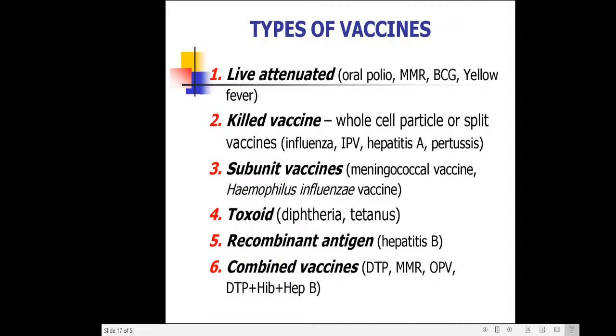This is helpful for influenza, IPV, papillomavirus, hepatitis A, and pertussis. Subunit vaccines are the meningococcal vaccine and Haemophilus influenzae vaccine. Toxoids: for diphtheria and tetanus, they use the toxoid vaccine. Recombinant antigen: the hepatitis B vaccine.